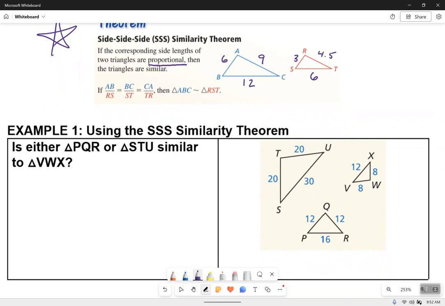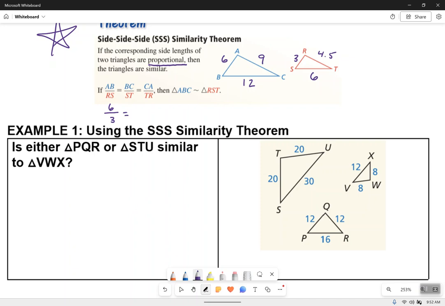I'm going to start looking at all these ratios right here, okay? First of all, I'll start with this one. Okay, guys, what distance did I just suggest for side AB up there? 6. So the ratio 6 would compare to what distance in the corresponding triangle? 3. So 6 over 3. We hope 6 over 3 is equal to that ratio of BC over ST. So take a look.